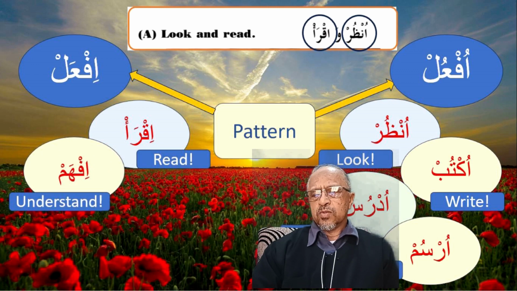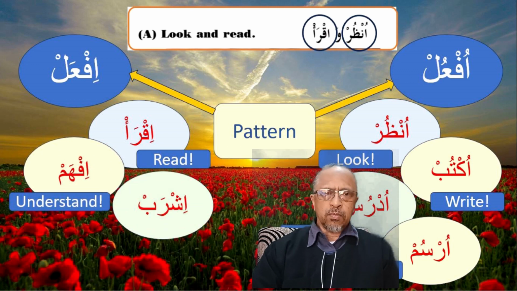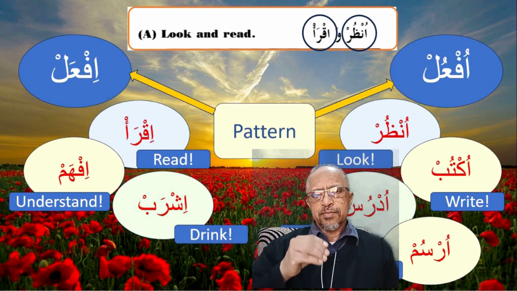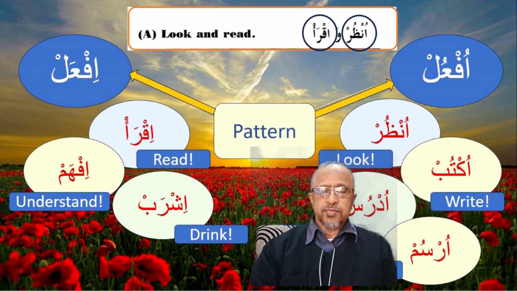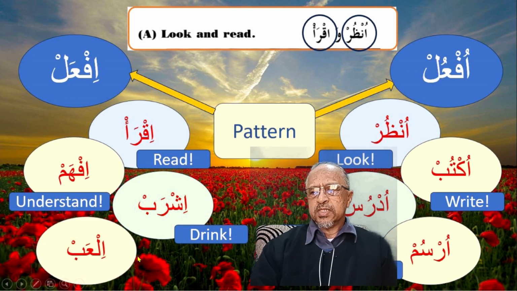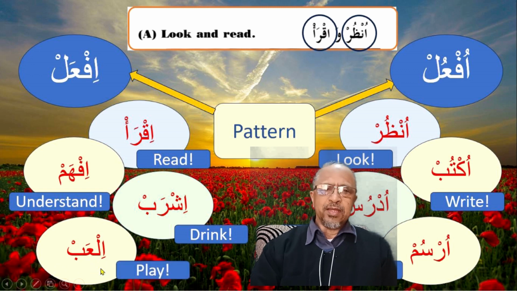And then we also have ishrab. Ishrab, of course, means drink. Halib is milk, so if you want to say drink the milk, you will say ishrab al-halib. And of course, the last one here is il'ab. Il'ab means play.